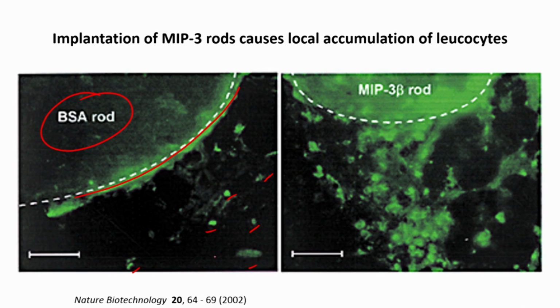Green is actually leukocytes, so dendritic cells as well as some other immune cells. And if they have a MIP3 alpha rod, you see quite a large influx of leukocytes and immune cells coming to this site. So just reinforcing that, yes, you can actually create a depot and have immune cells come to that depot if you release these chemoattractants.